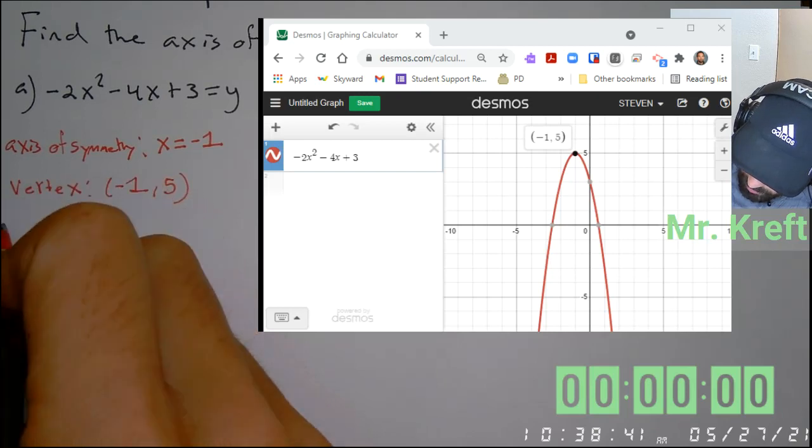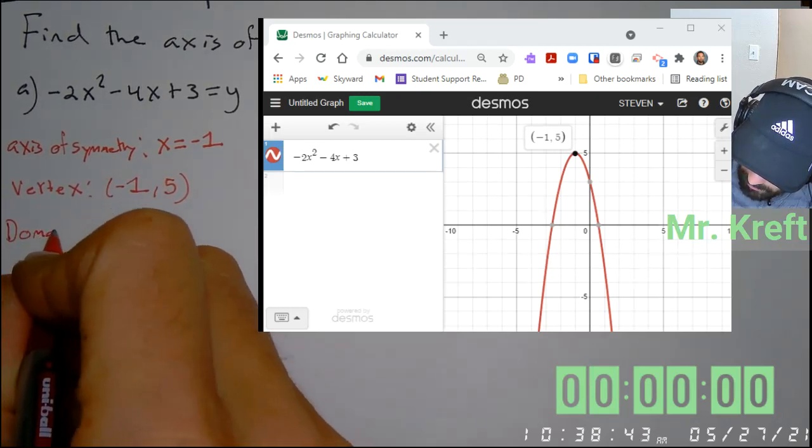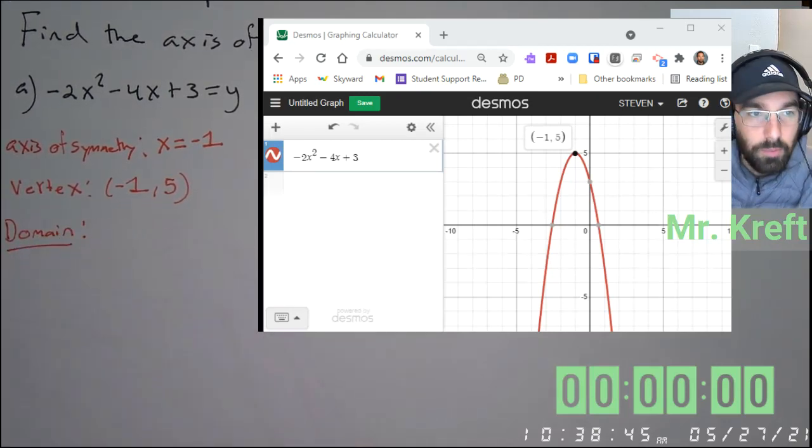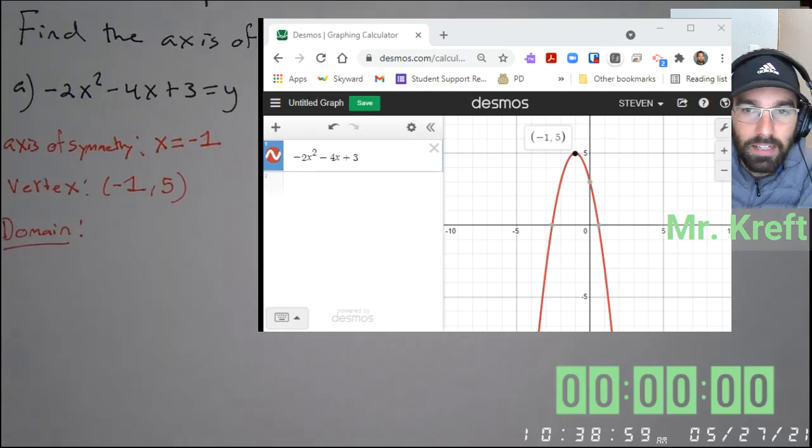Now the new things we learned about: domain. Hopefully you guys remember that with domain, what's the domain for a quadratic always going to be? Type it in chat. What's the domain always going to be for that?